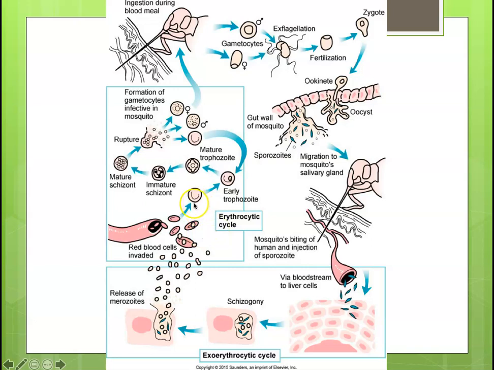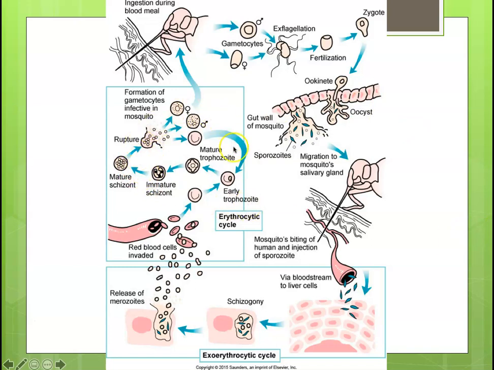Inside the RBCs, it goes through immature early trophozoite to mature trophozoite, immature schizont into mature schizont, which releases merozoites. Merozoites can do one of three things: mature into a male or female form, or it can go invade more RBCs and go through trophozoite, schizont, releasing merozoites again.